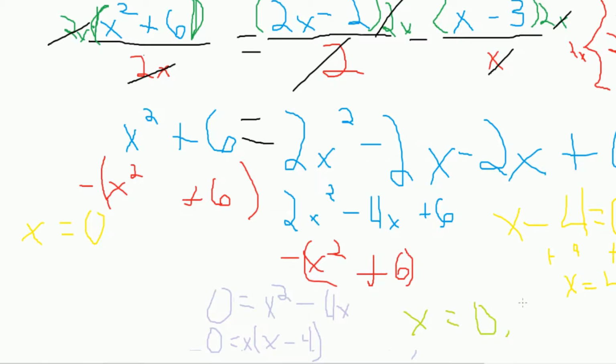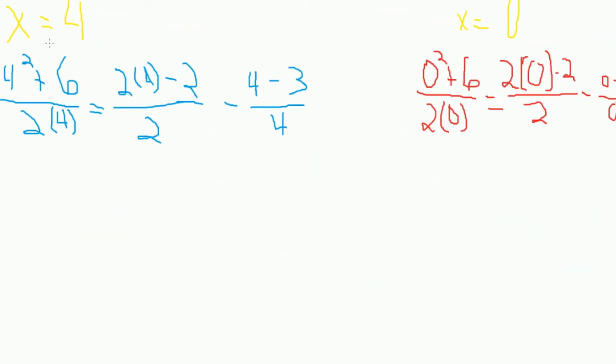But wait, there's one problem. We need to check our work. When we check our work, what we need to do is plug in each x. So for x minus 4, I plugged in x equals 4, getting us 4 squared plus 6 over 2 times 4 equal to (2 times 4 minus 2) over 2 is equal to 4 minus 3 over 4.